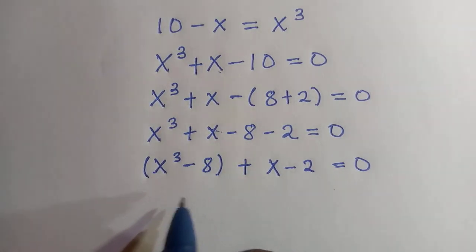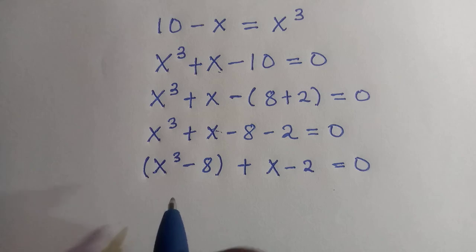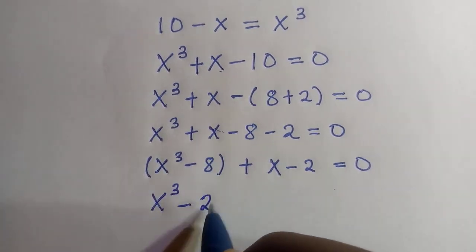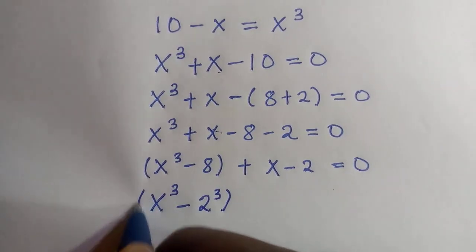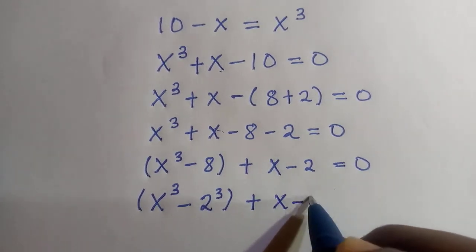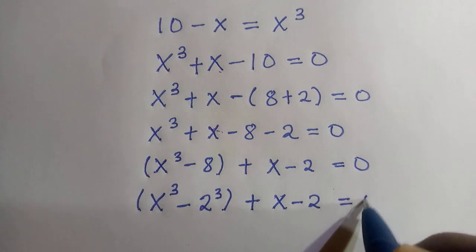So 8 can also be written in exponent form, x to the power of 3 minus 2 to the power of 3 in bracket, plus x minus 2 equals 0.